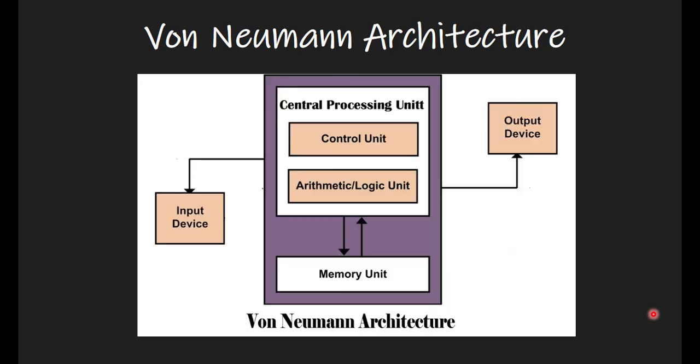So what is this architecture? This architecture says that we have an input device and an output device, and a central processing unit in between. The central processing unit will take input from the input device and process the data given through the input device with the help of the arithmetic logic unit and control unit.